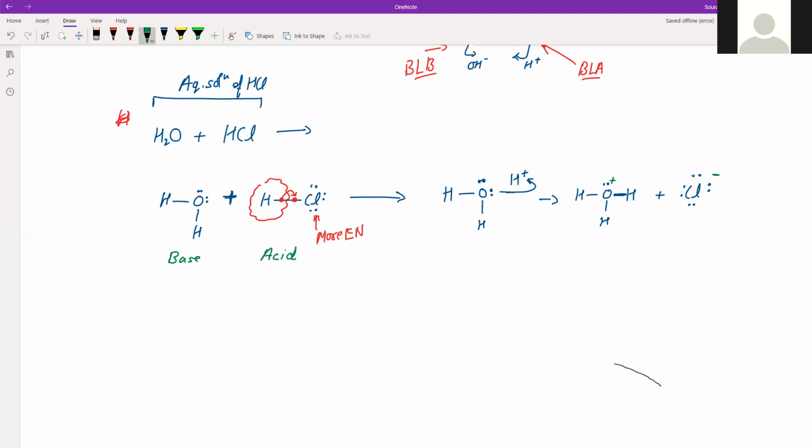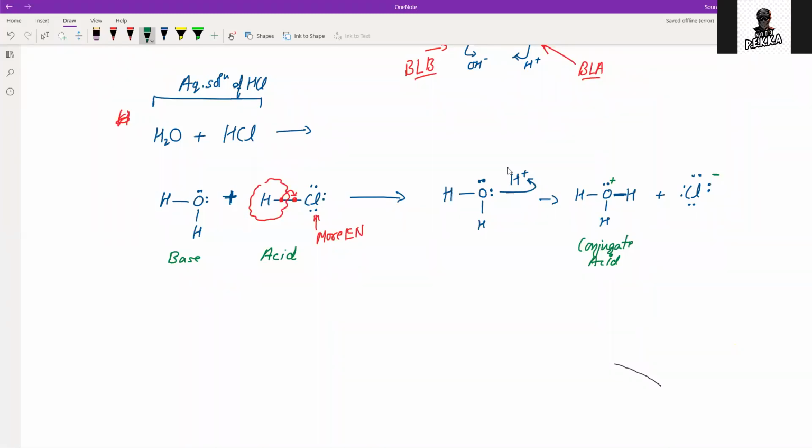And now the important part: when they reacted, in the final stage what we see here is that H3O is formed. That is formed from water, and water was the base. So now this will be called the conjugate acid. A conjugate acid is formed from a base, right?